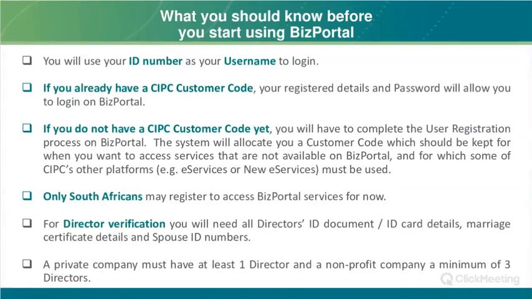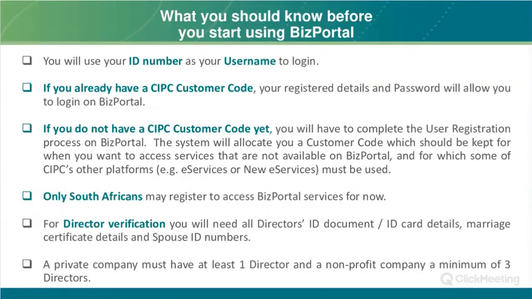What should you know before you start using Biz Portal? You will use your ID number as your username to log in. If you already have a CIPC customer code, your registration details and password will allow you to log in on Biz Portal. If you do not have a CIPC customer code yet, you will have to complete the user registration process on the Biz Portal platform.